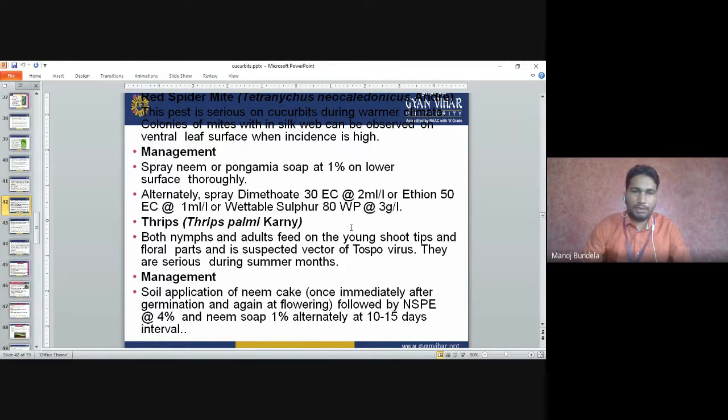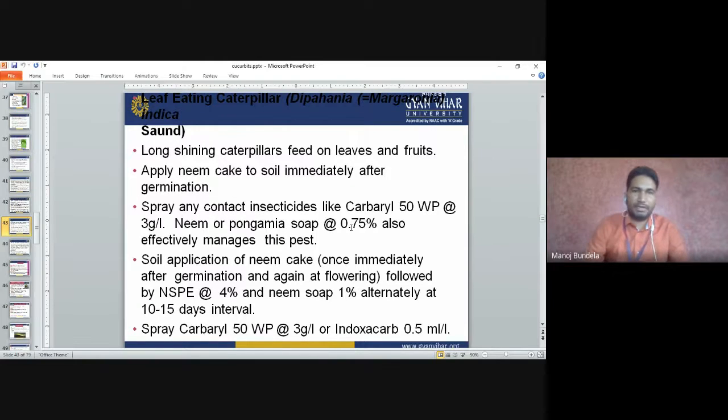Thrips: both nymphs and adults feed on the young fruit tips and floral parts and are suspected vectors for tospovirus. Soil application of neem cake once immediately after germination and again at flowering, followed by neem seed kernel extract or neem soap, can be used.